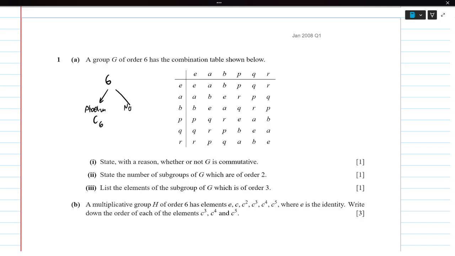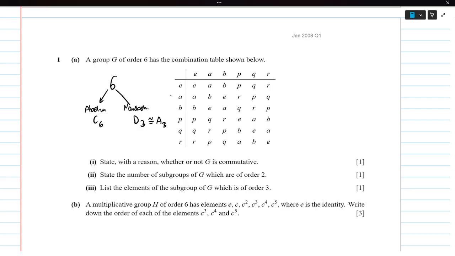Or if it's non-abelian, then this is the dihedral group D3, which is just the symmetries of a triangle. Or I think this is isomorphic to the alternating group, but don't quote me on that. I'm pretty sure it is isomorphic to the group of permutations of 3 elements.